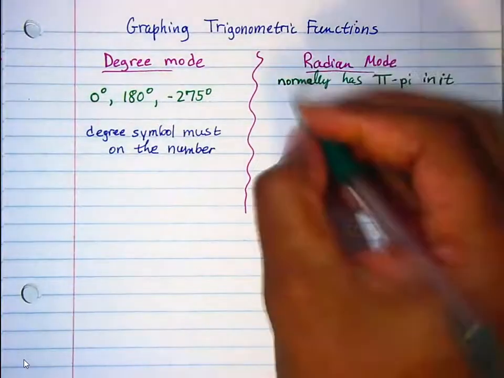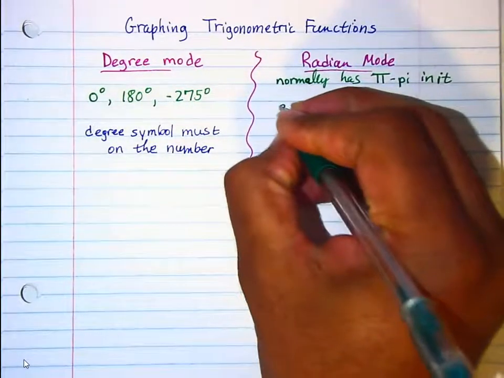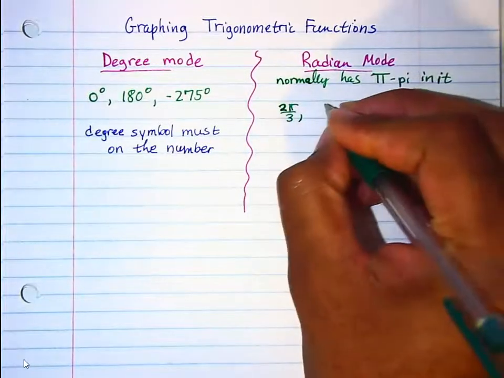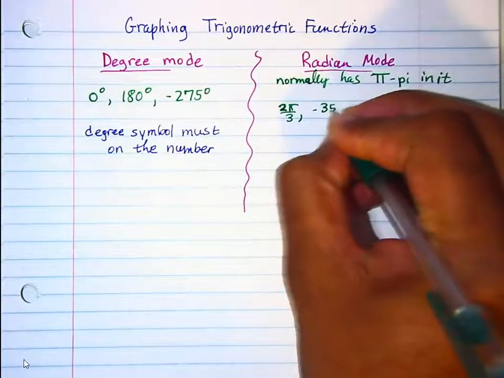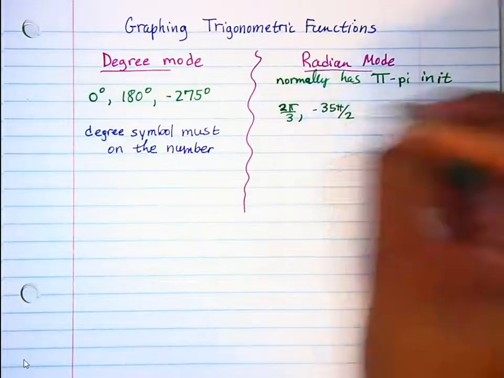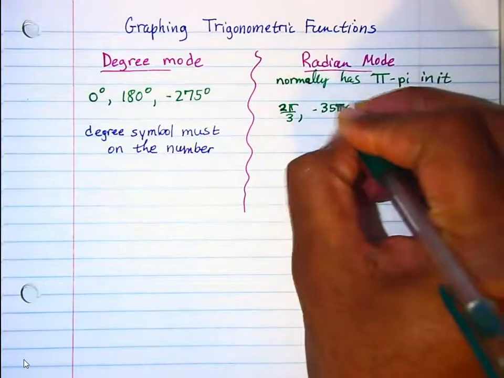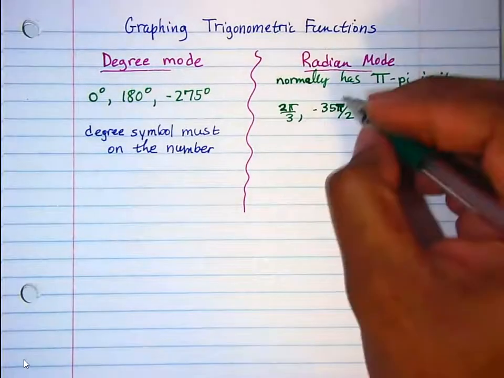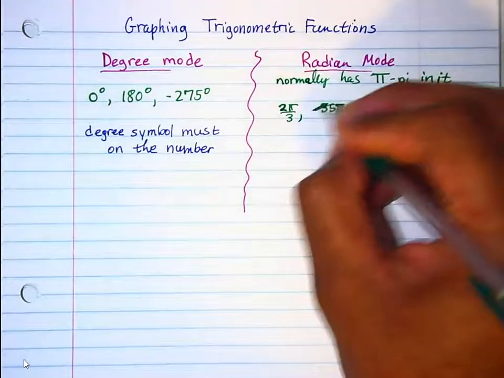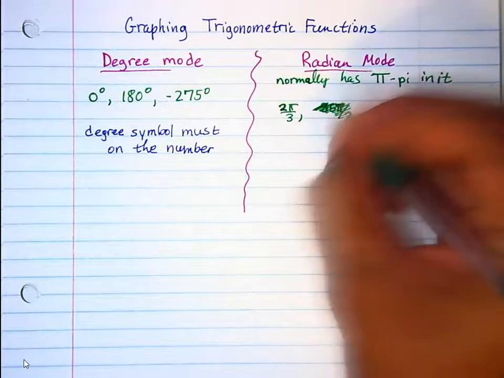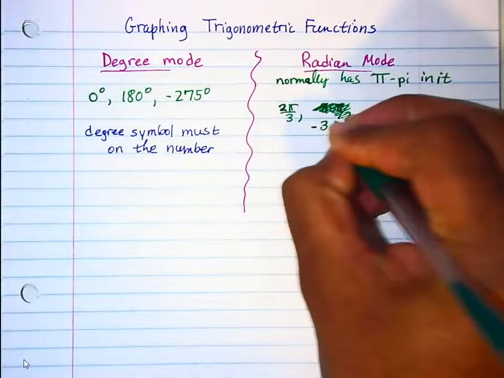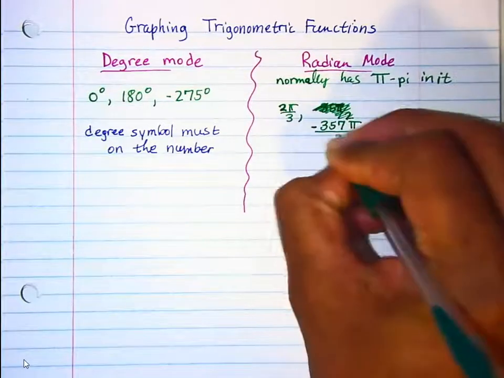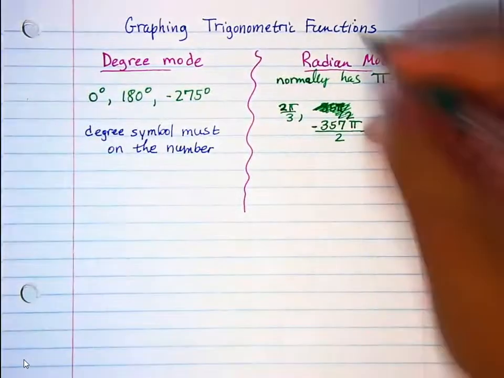All right, so here we'll look at numbers like 2 pi over 3 or negative 357 pi over 2. That's a pi symbol, sorry. I just knocked out the actual number 2, so let me rewrite that again. So we have negative 357 pi, and let's write it all over 2 this way. Sorry about that, guys.